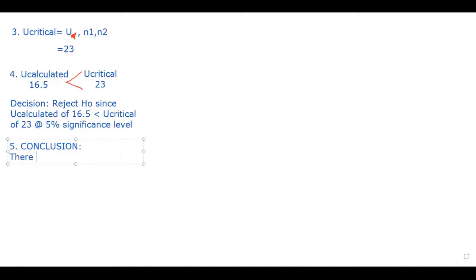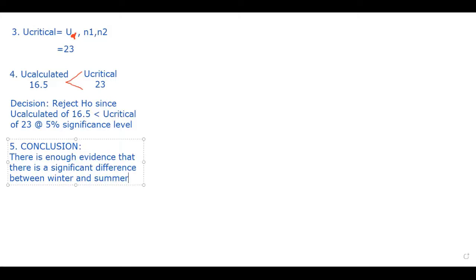So the conclusion will be there is enough evidence of a significant difference between winter and summer months in terms of crime reports at 5% level of significance.